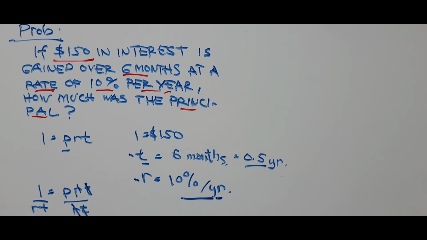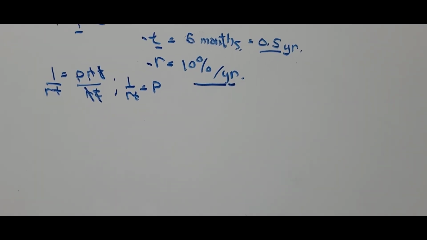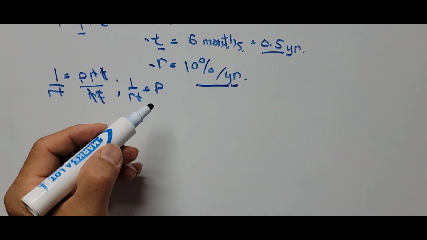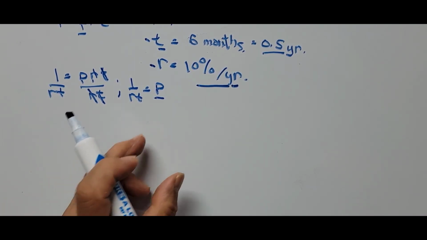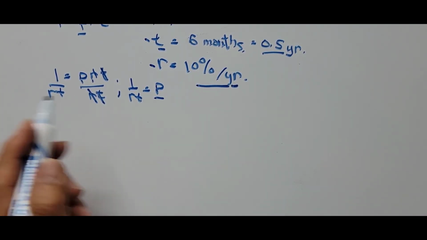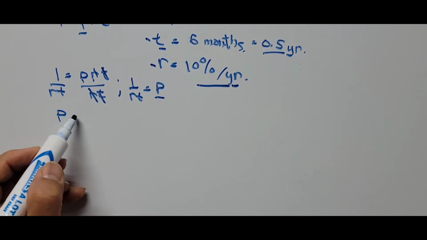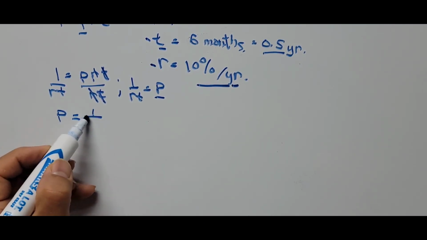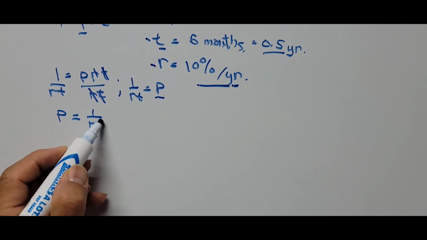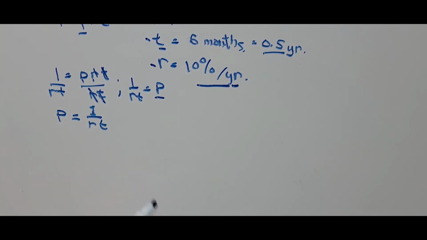So this is now I over RT equals P, since R and T are cleared. Since we're solving for the principal, the conventional way is to move P to the left side. That's how it's represented, I over RT.